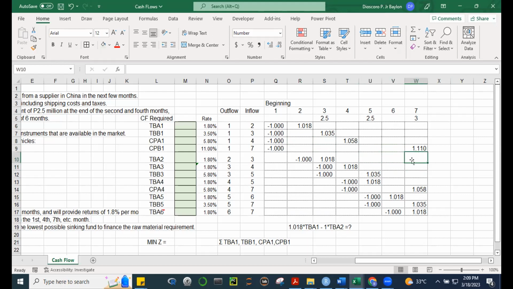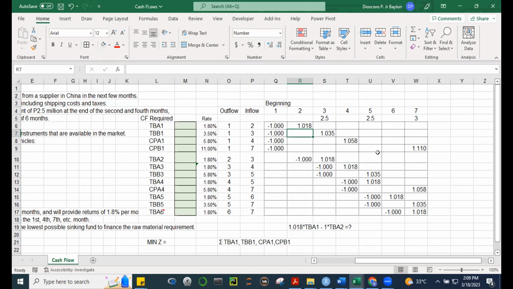And there's another thing, that the investment has not yet matured. It has already been made, the investment has been made, but it has not yet matured. Okay, so for example, this one. At time 2, TBB1 has already been invested, but it has not yet matured.